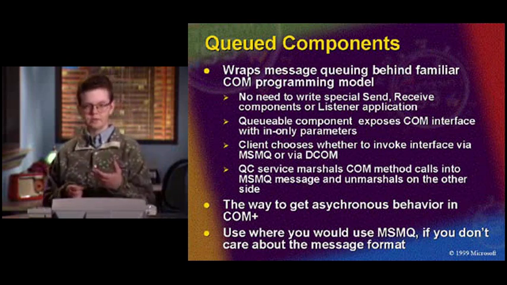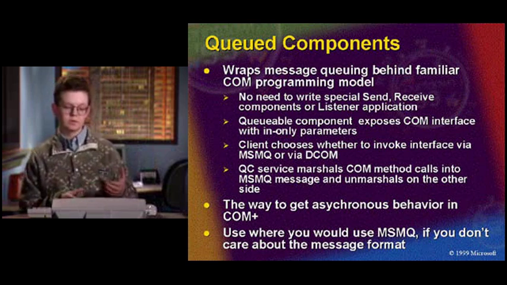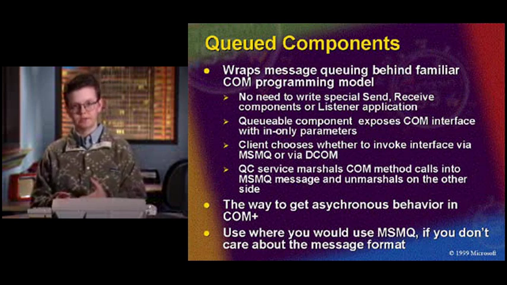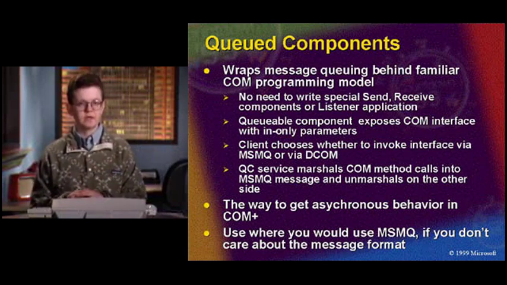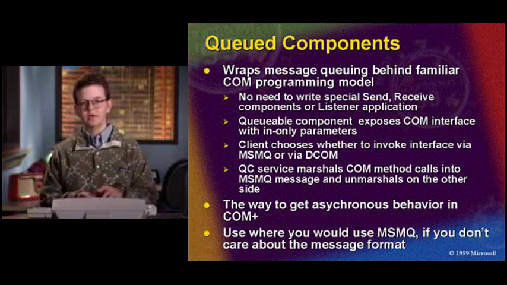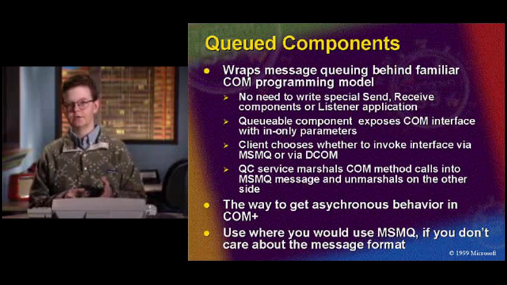But if I call this method from a queued client that understands how to do that, then eventually I will get the message and I will understand how to process it. I don't care what the message looks like, I just want to get the message and do some work. This is the way that you get asynchronous or time-independent behavior in COM+.